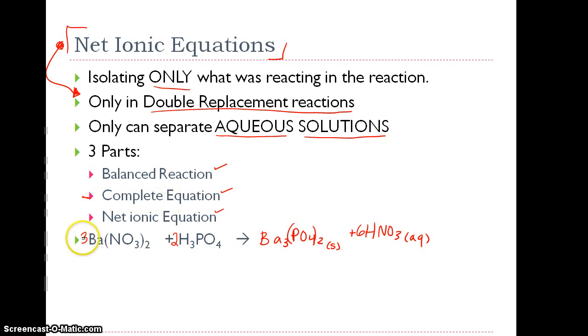So we're literally going to take each one of these and break them down into their ions, okay? Only if they're aqueous, okay? And of course, the reactants are always going to be aqueous. Okay, so we are going to have 3 Ba aqueous ions plus, which you put their charge, so it's positive 2.